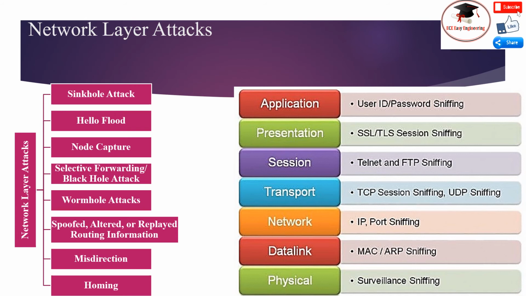Spoofed, altered, or replayed routing information. The most direct attack against a routing protocol in any network is to target the routing information itself while it is being exchanged between nodes. An attacker may spoof, alter, or replay routing information in order to disrupt traffic in the network.